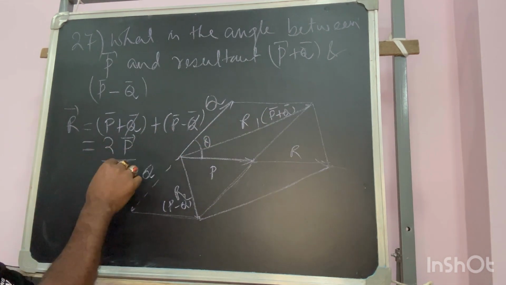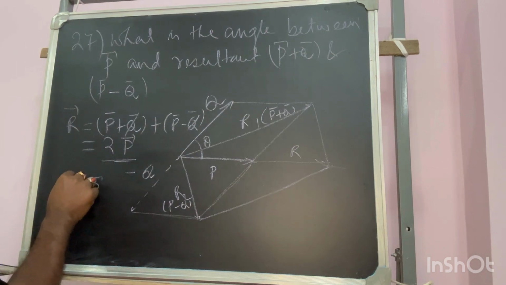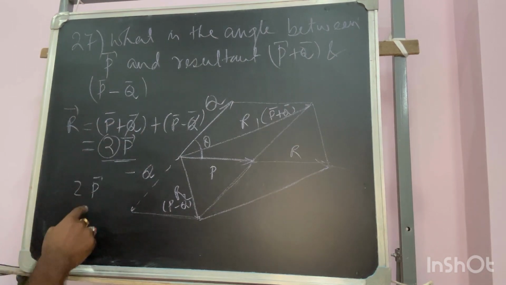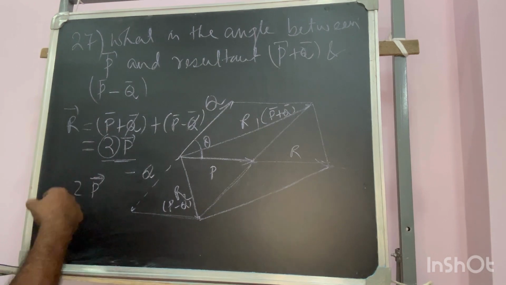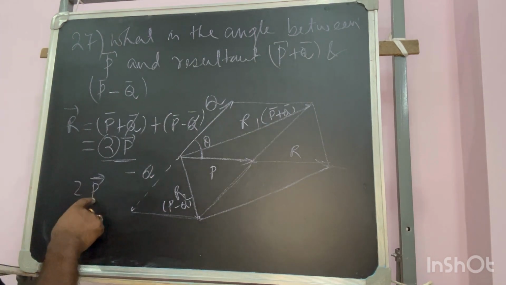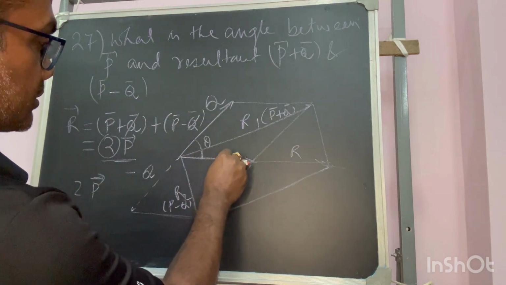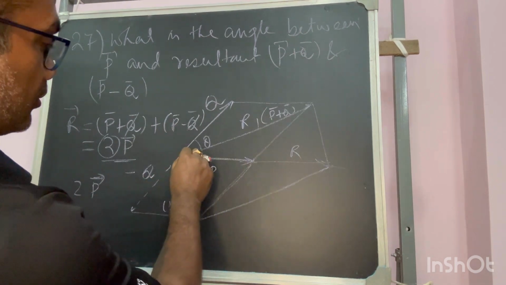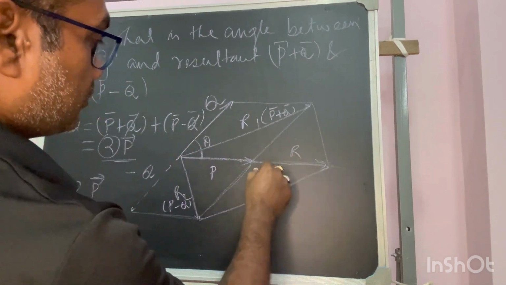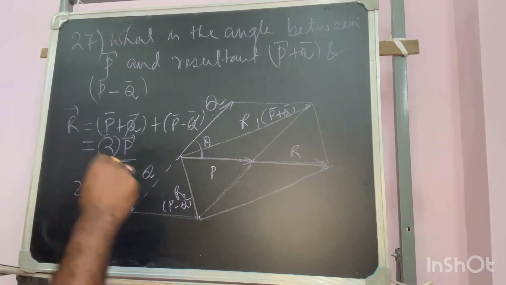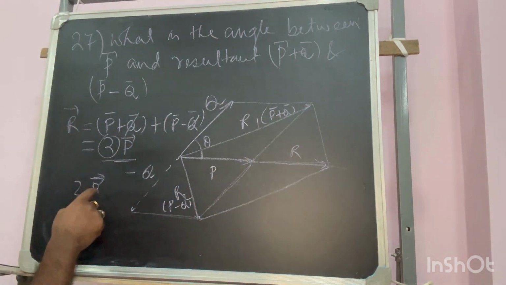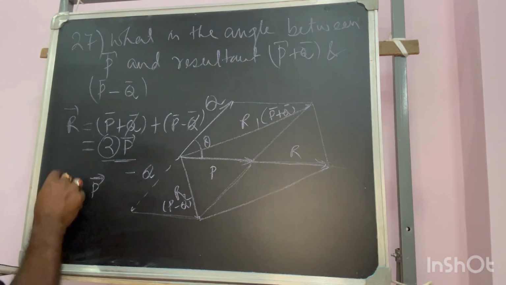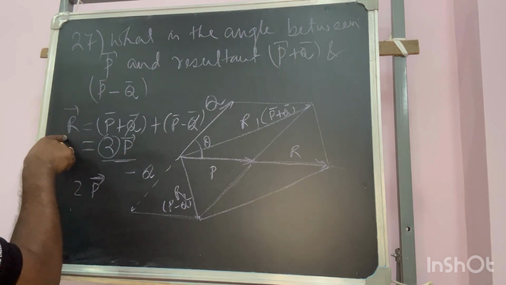Now this is P, a vector multiplied by a scalar. This will not change the direction, only the magnitude will change. So if P is in this direction, then 2P also follows the same direction with double the magnitude. So we can conclude that 2P is representing R.